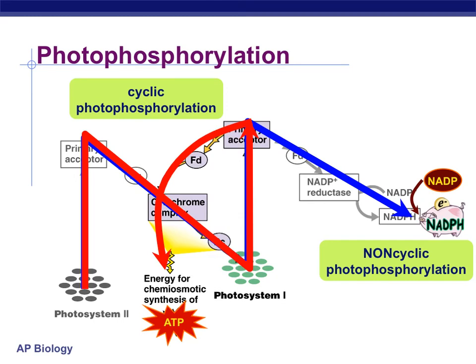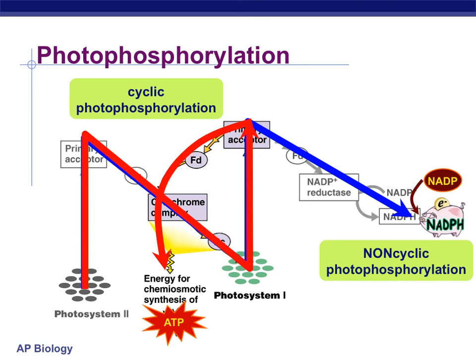So this Z scheme, the blue line here that you see, describes the path of electrons as they travel through both photosystems. And the next step in the process is the carbon fixation reactions. And these require way more ATP than NADPH.